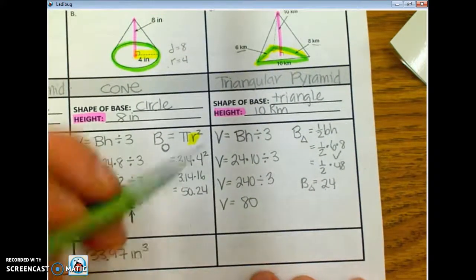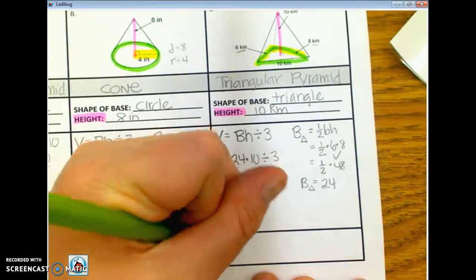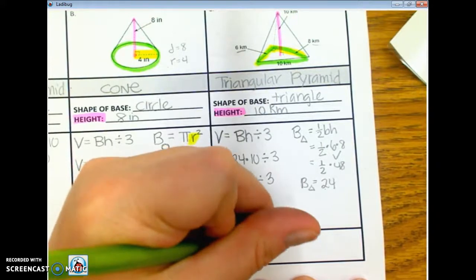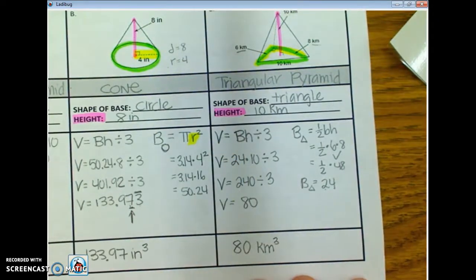Let's restate our answer with the correct units. 80. My units are kilometers, and it's a 3D shape, so it's to the 3rd power for the units. Again, remember, do not put the exponent on the number, because that means you're taking that number and multiplying it by itself 3 times. We're multiplying the units by itself 3 times.